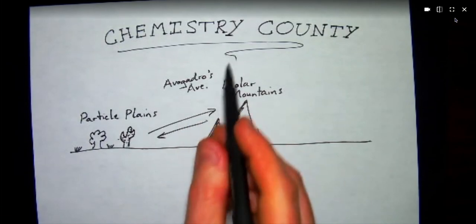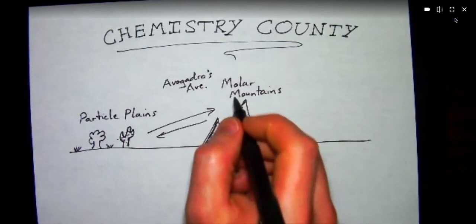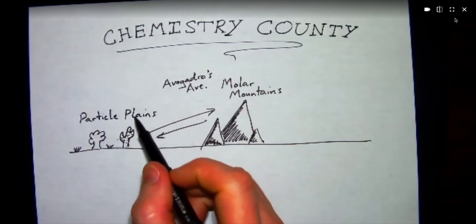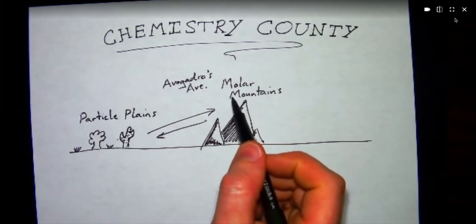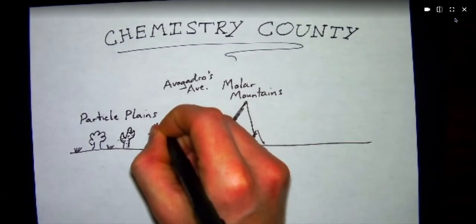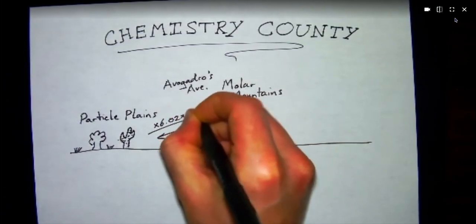So you can take Avogadro's Avenue between the particle planes and the molar mountains. If you want to get from the molar mountains to the particle planes, or in other words, you want to figure out how many particles you have from a number of moles, you're going to multiply by Avogadro's number, 6.02 times 10 to the 23rd.